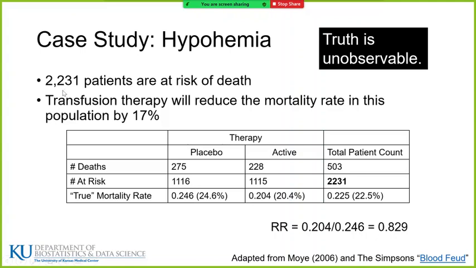So there's one problem. Even if you could get them all to agree, you're probably not going to get all of them the exact same therapy. So the placebo, maybe they'll all participate in that accurately, but maybe the transfusion therapy, some of them didn't get as much or got too much, or the timing wasn't accurate.